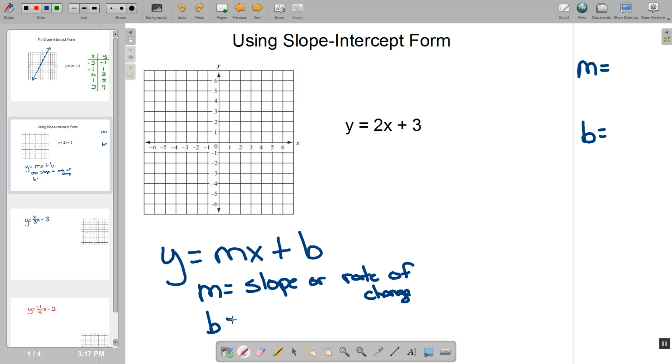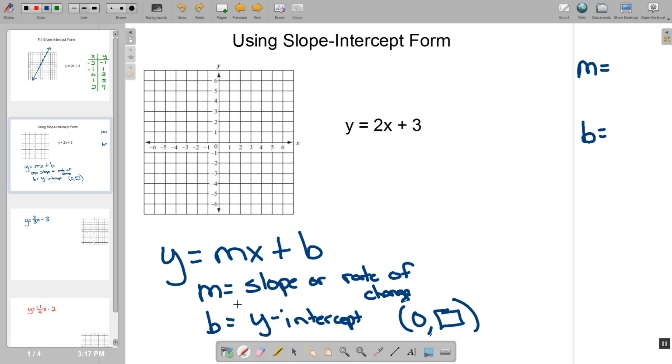And b, we always use as the beginning value. Well, the beginning value is the y-intercept. And the y-intercept is along the y-axis, so it's going to be 0 comma something every single time.